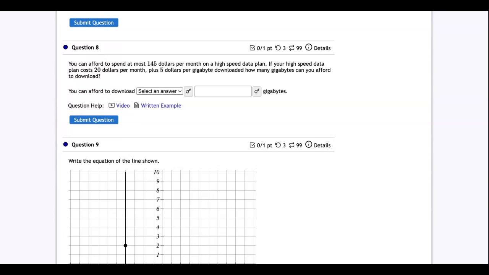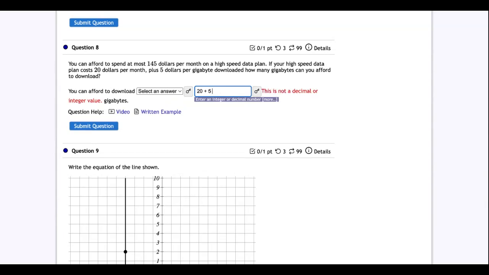Okay, then what do you do with the $5 per gigabyte? Does it have to move in the equation? No, you have to form the inequality. Let me read for you. So far you have 20 plus 5. You cannot spend more than 145, at the most, so it has to be less than or equal to.